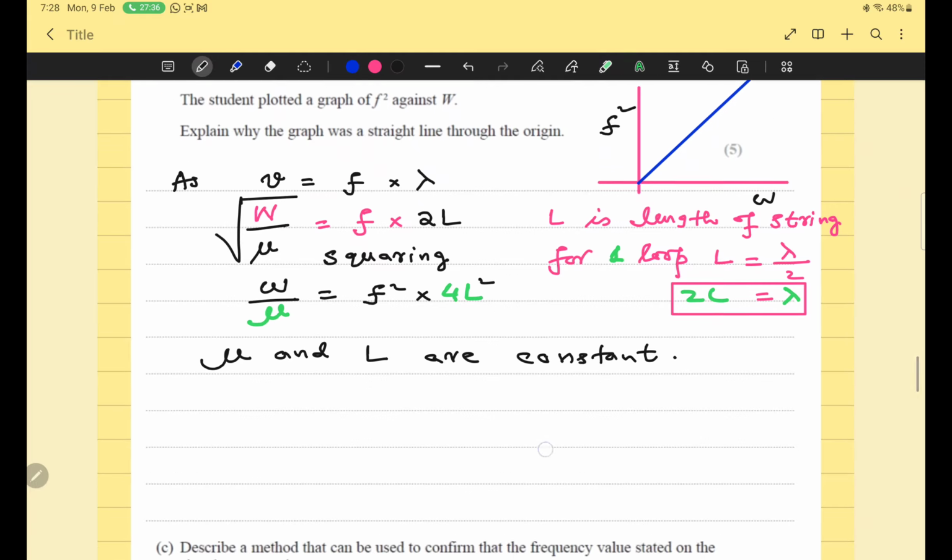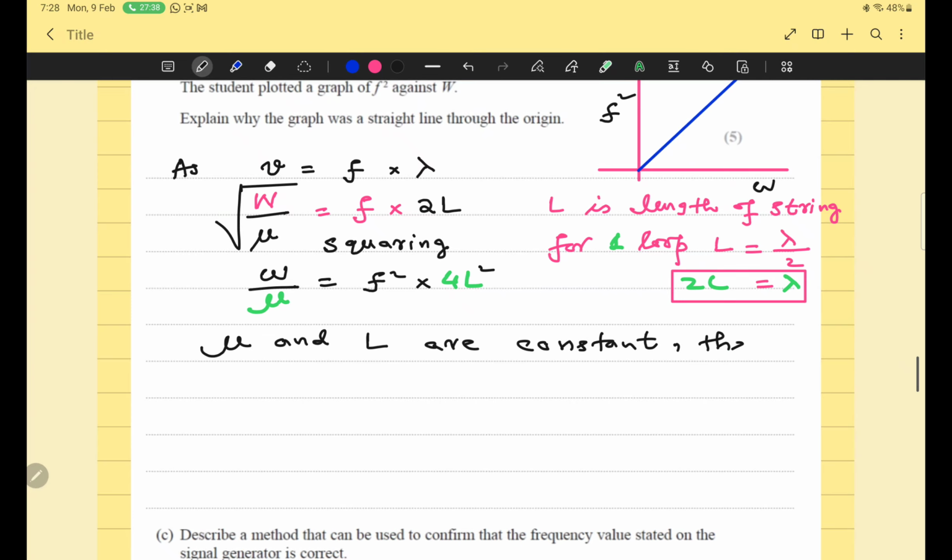And if mu and L are constant, then it is clear: f square is directly proportional to W. Or you can write, if I make f square the subject, then f square is equal to 1 upon 4 mu L square into W. And now I am comparing with y equal to mx plus c.